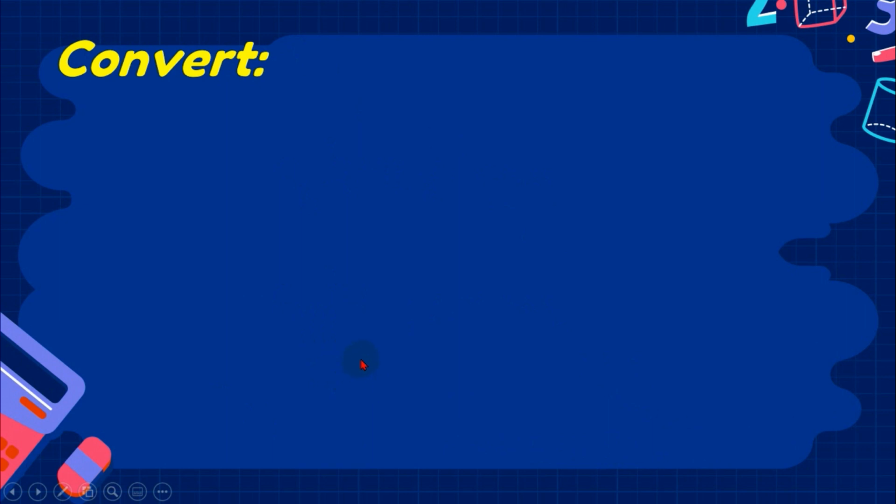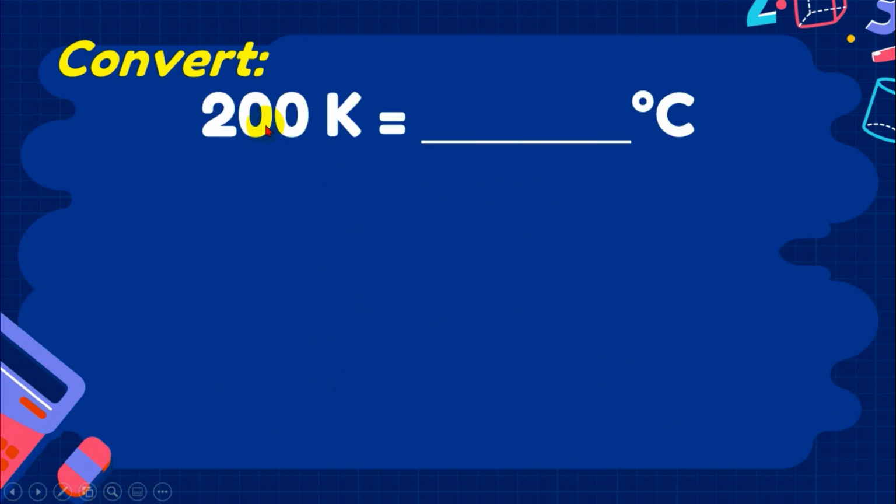Next, let's have the last example. Convert 200 Kelvin into degrees Celsius using the formula degrees Celsius to Kelvin. And the problem here is nakabaligtad siya. Okay? Tingnan natin kung anong solution natin. So, ang gagamitin natin na formula ay yung binigay kanina na ang sabi daw ay degrees Celsius to Kelvin.